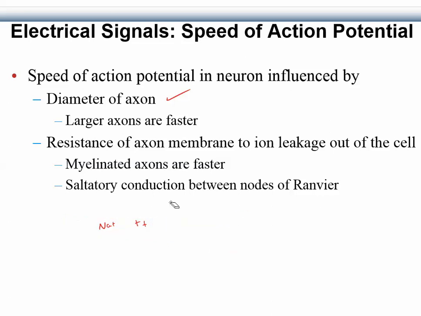Let me start over. If we have, we'll just draw it kind of like this, and as the sodium rushes in, it's moving, of course, in both directions. Presumably, if this is in the middle, this is still in its refractory period, but it's moving in both directions. And this is just current flow.